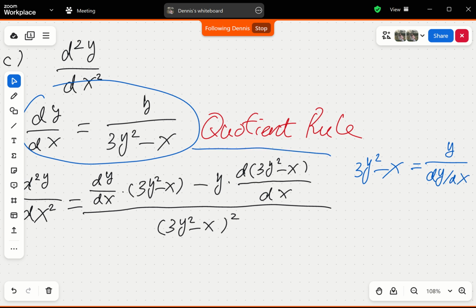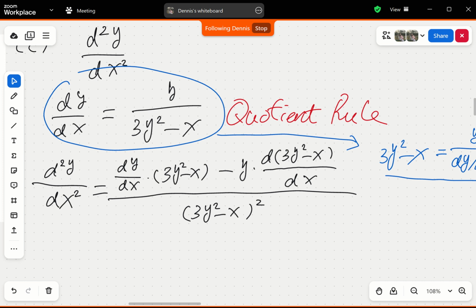Okay, this comes from the expression of dy with respect to x given by the problem. So we can use this to simplify the expression of the second derivative of y with respect to x. So let's do it.